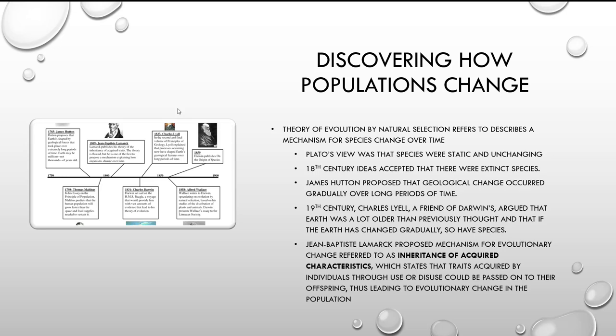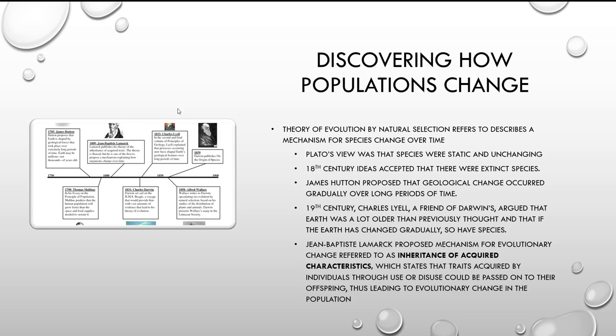In the 19th century, Charles Lyell, who was a friend of Darwin's, argued that the earth was a lot older than previously thought. A lot of people at that time believed in what the Bible said, literally.